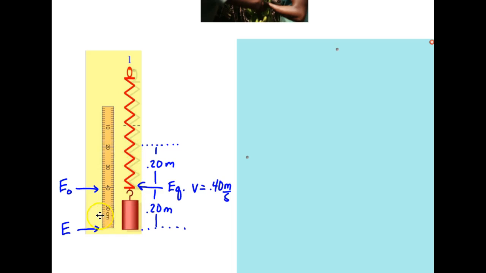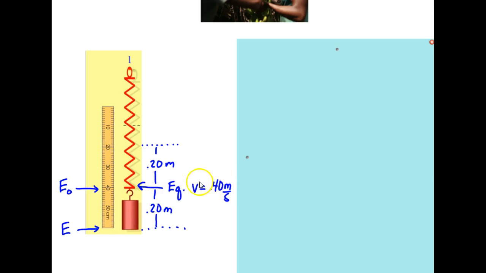We're going to use conservation of mechanical energy here, and the initial state is going to be the mass, the bananas, at the equilibrium position. The final state is going to be at the bottom of the oscillation. Why?